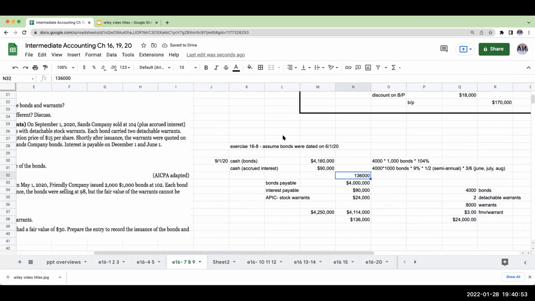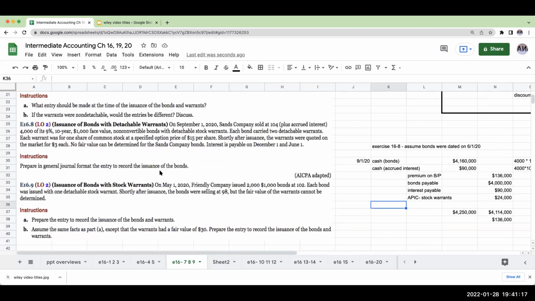What this is telling me is that the bond issued for more than the face value. So this is going to be a premium on bonds payable. Remember that when you're memorizing bonds: if you have a question like this and you need to balance it with a credit, it's going to be a premium. If you need a debit, it's going to be a discount. So this is the journal entry that we're going to use to record the bond issuance over here.